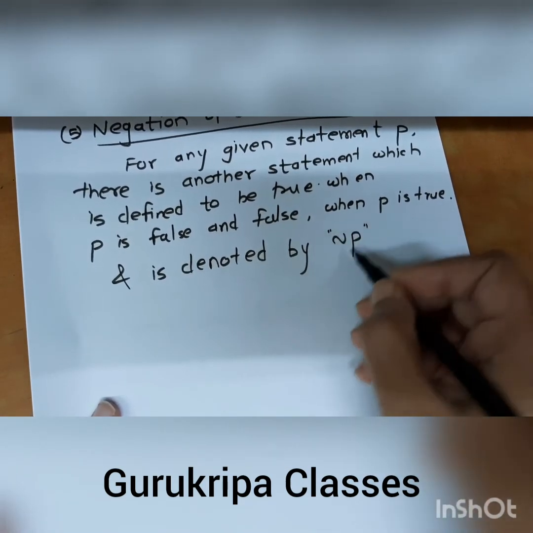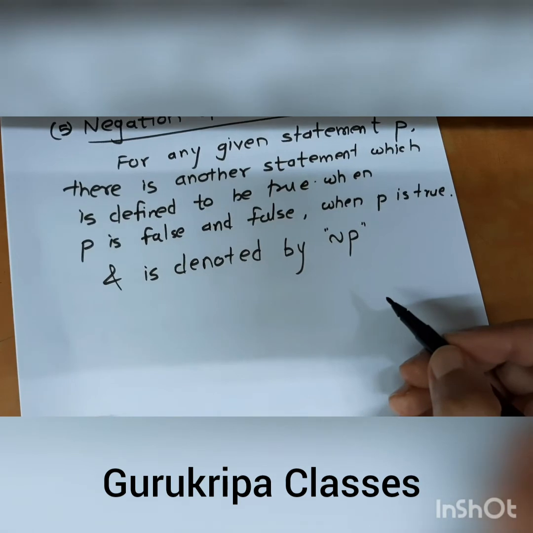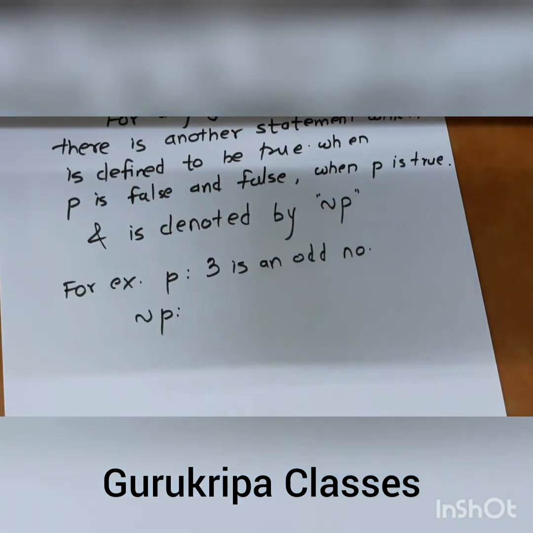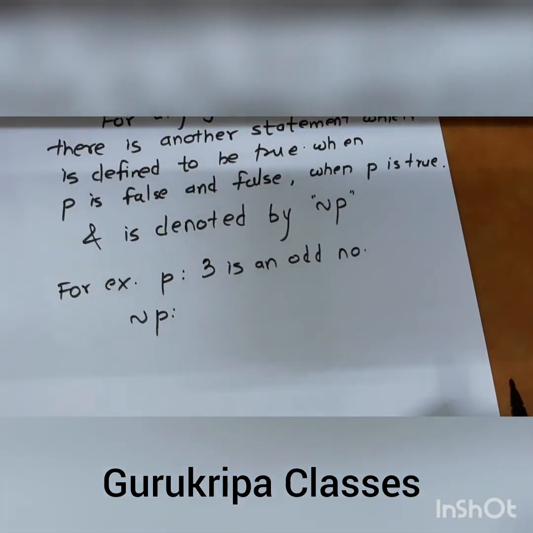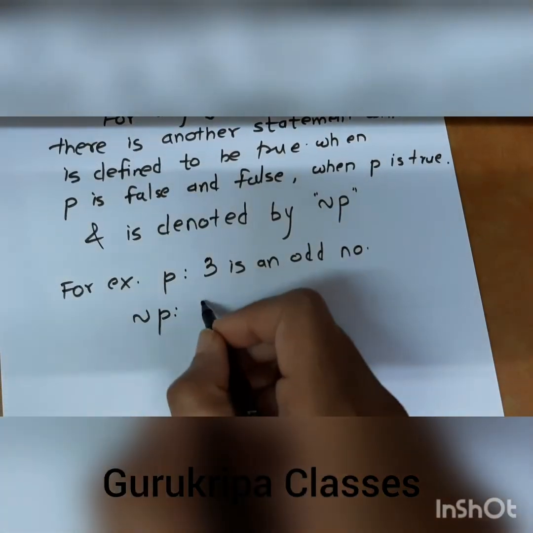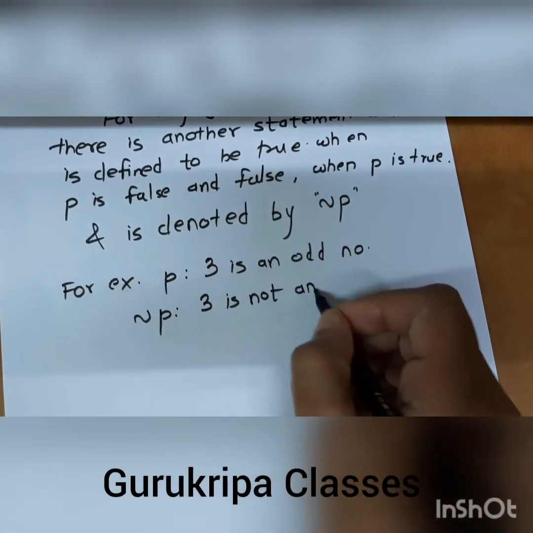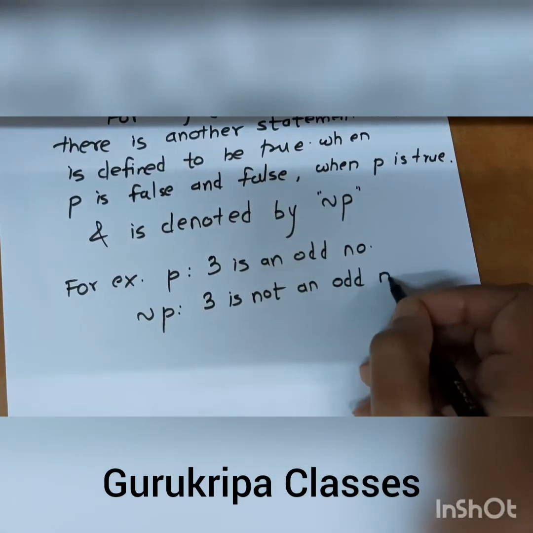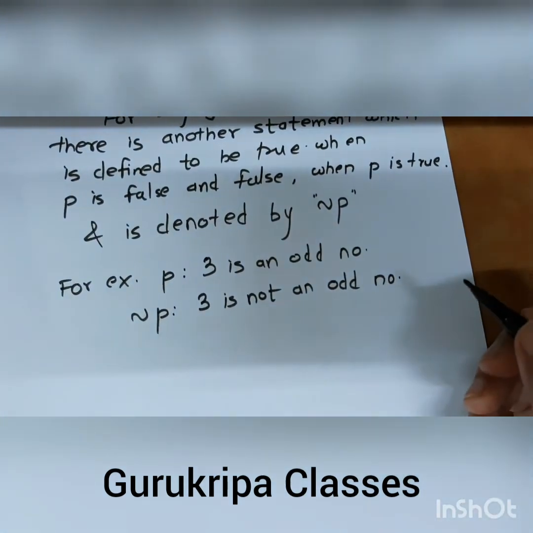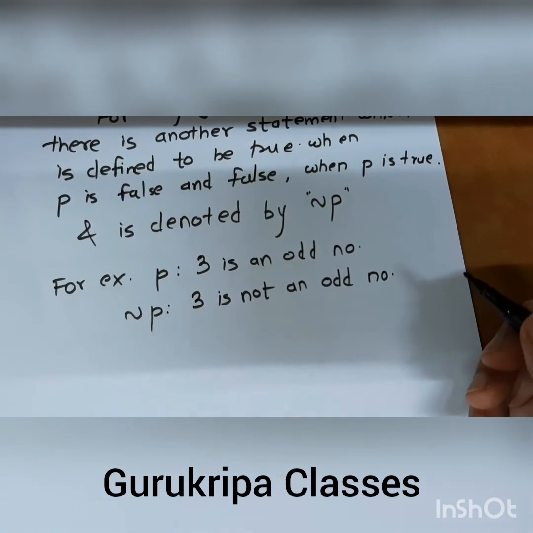This is called negation P. For example, if P is the statement "3 is an odd number", then negation P, how can I write this? 3 is not an odd number.